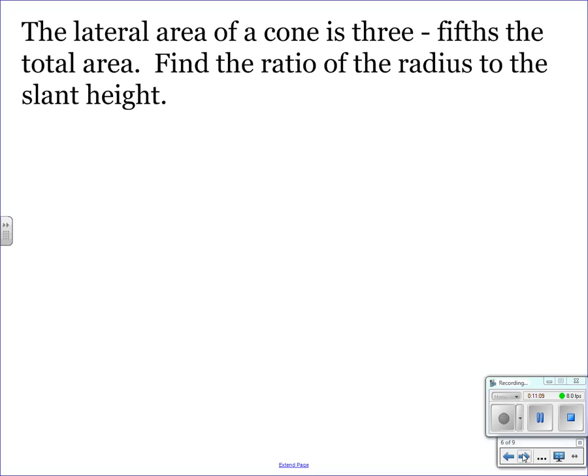Next example. The lateral area of a cone is 3/5 of the total area. Find the ratio of the radius to the slant height. So the lateral area is, remember, is means equals, 3/5 the total area.